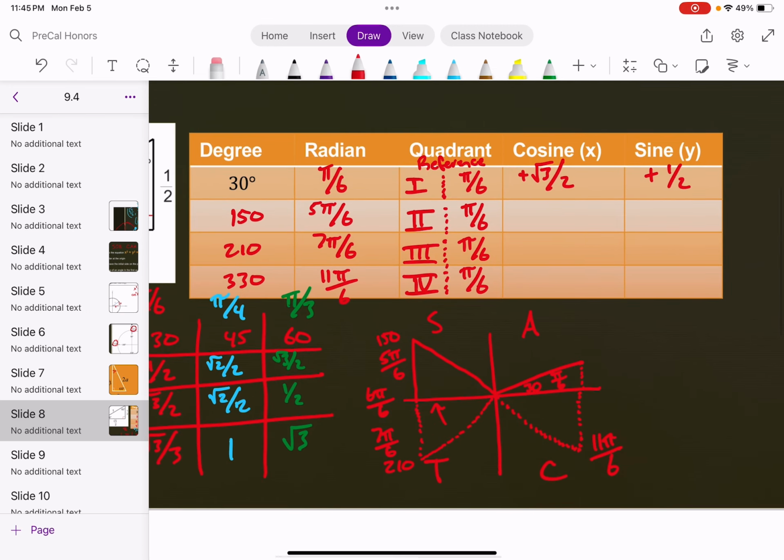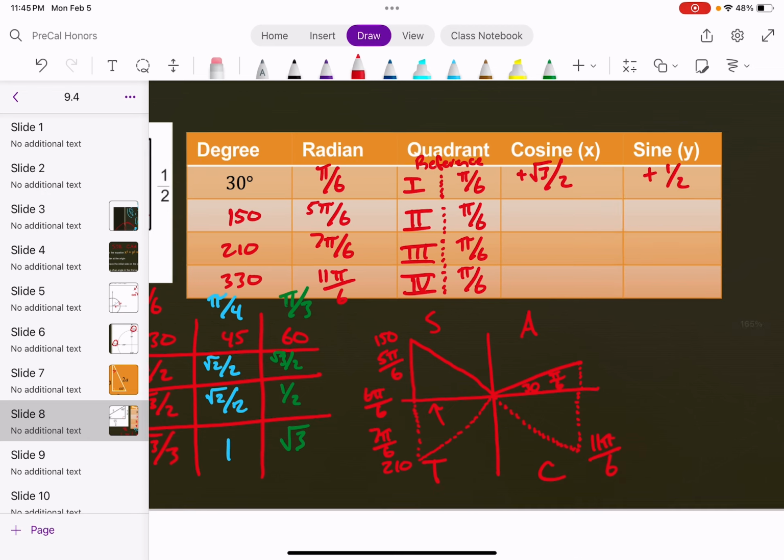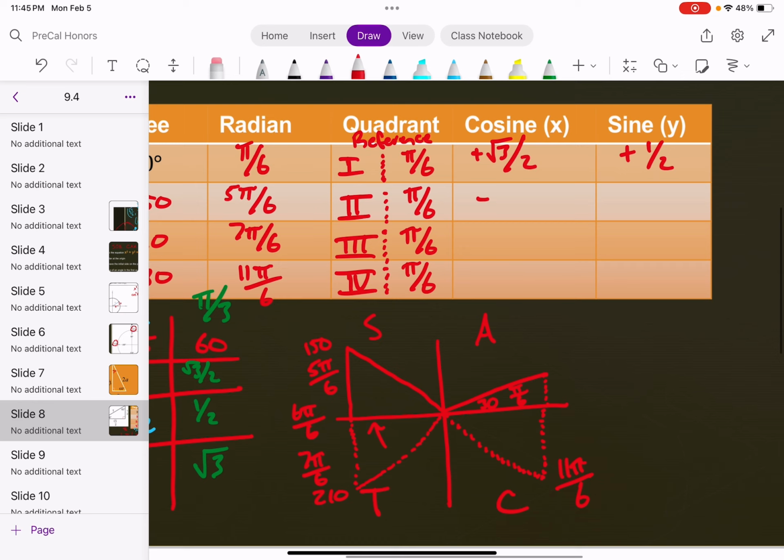With it being the 11 pi over 6, keep in mind that you're still going to be working the problems the exact same way. We just have to figure out the placement of where all these numbers are. So first thing would be at the 150, notice this would be a negative square root of 3 over 2, and we would still be at a positive 1/2.